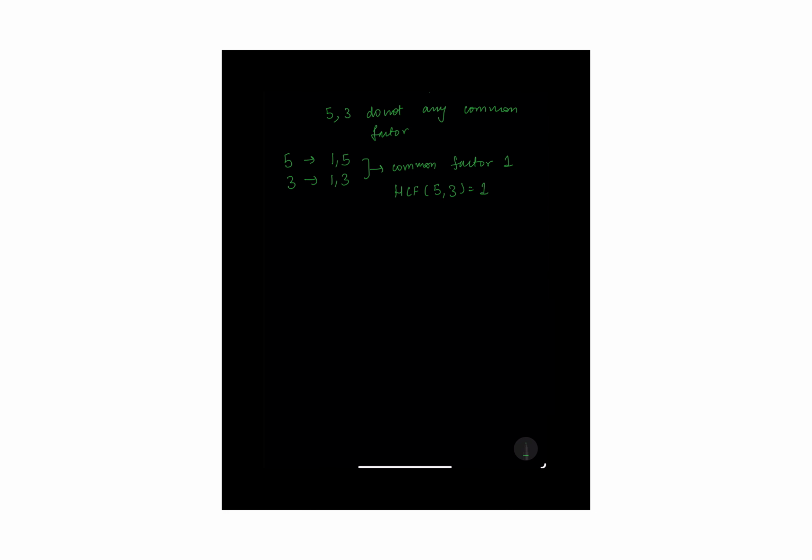Similarly, let's see for 33 and 10. I'll do this by tree method. I can break 33 down as 3 into 11. Both of these are prime and cannot be broken down further. So the factors of 33 are 3, 11 and 33. For 10, we see that 10 is 2 into 5, so the factors of 10 are 2, 5 and 10.